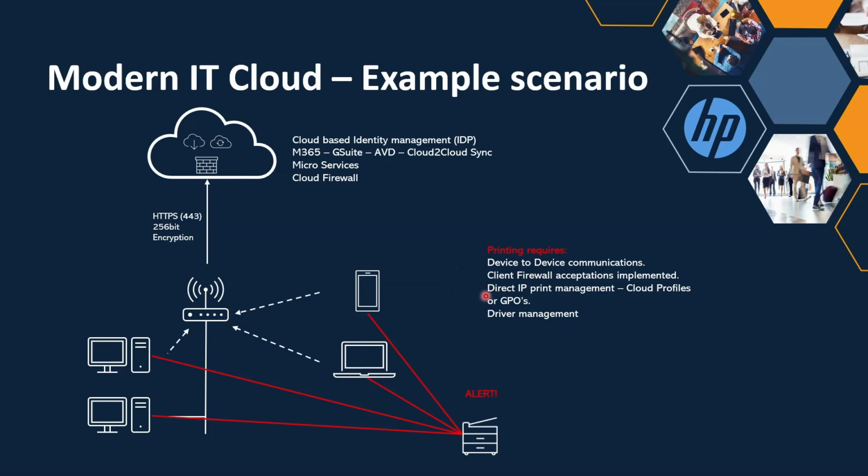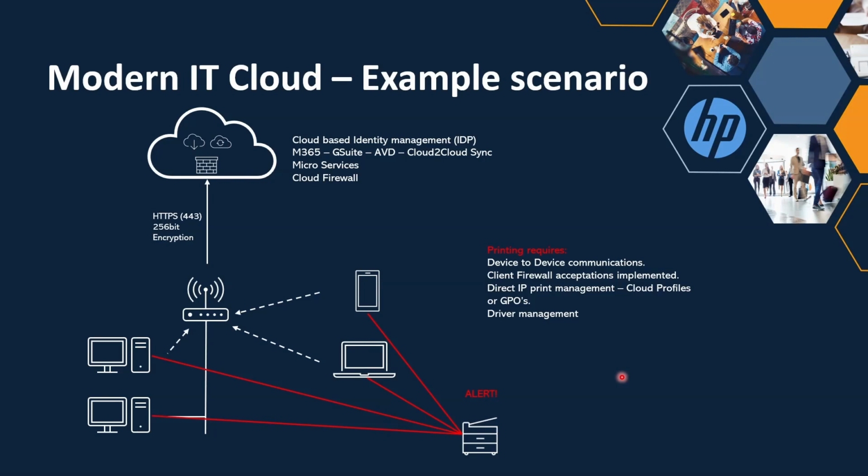The print industry has decided to do direct IP print management using cloud profiles or GPOs, etc. And the driver management of that means that basically we've turned everybody's client machine into a print server. And I need to manage it as an organization, as a business owner, as an IT director. I have to now manage all of this infrastructure. And yes, there are solutions that make that easier, but it is not modern IT methodology.